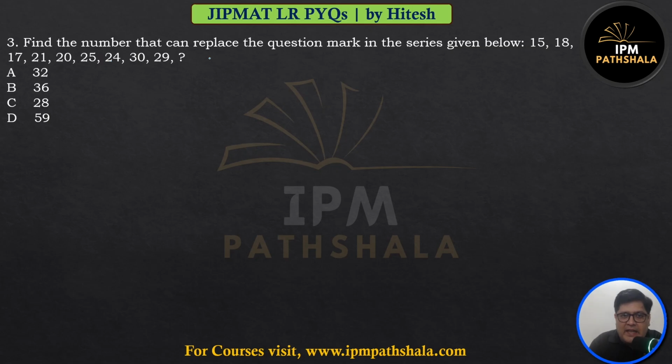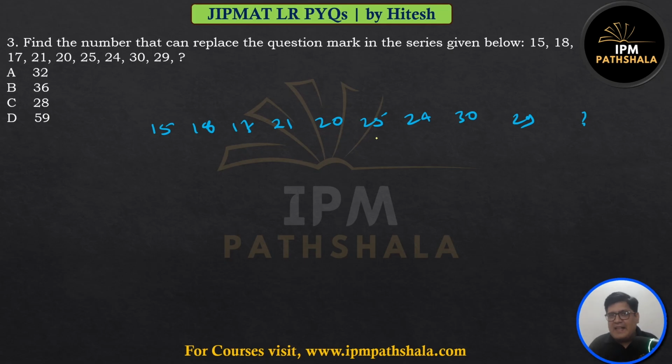Find the number that will replace the question mark in the given series. This is the series 15, 18, 17, 21, 20, 25, 24, 30, 29, and then a question mark. I see something peculiar. There is an increase, then a decrease, then an increase, then a decrease, then an increase, then a decrease.